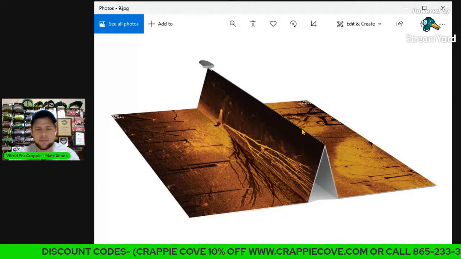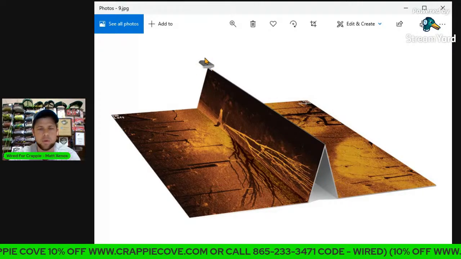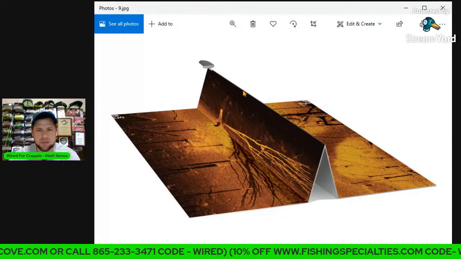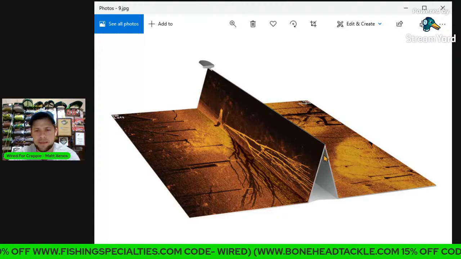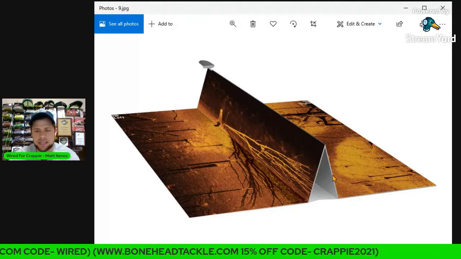So this is kind of demonstrating, here's your boat here, okay? So there's your boat, there's your transducer from your boat. This is your transducer line at the top of this peak. That's your transducer line where your boat drove through the lake. Okay. And then this cone that's coming down from that center line is actually your down imaging beam.